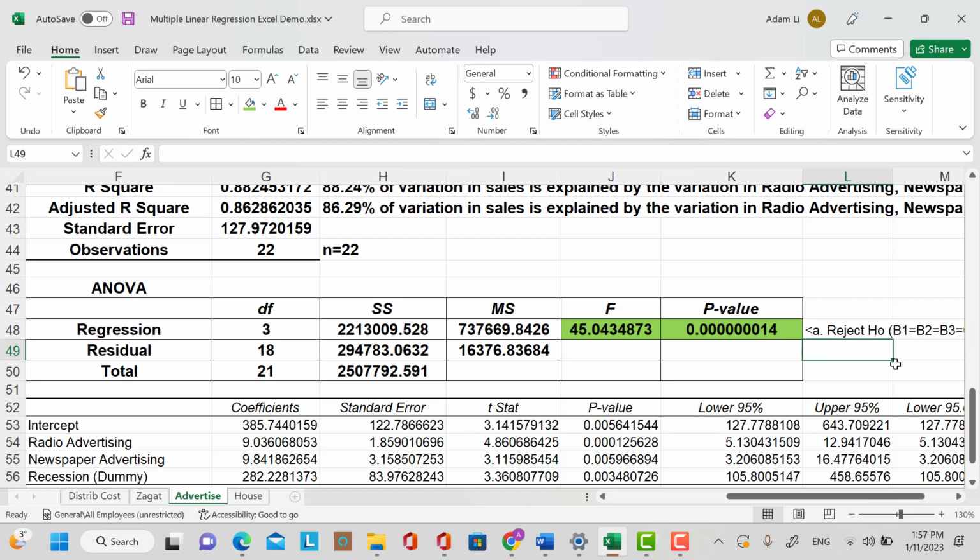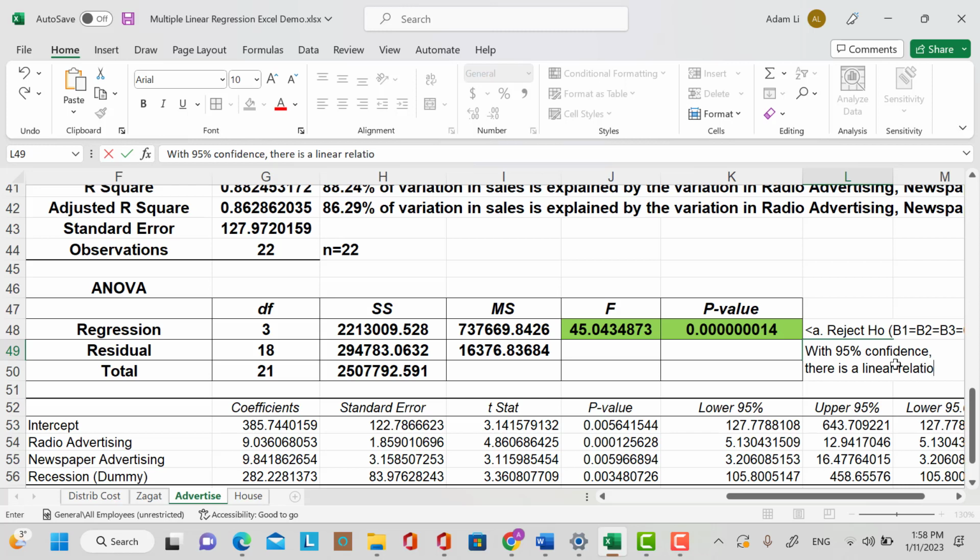So with 95% confidence, we can say that there's a linear relationship, and compared to model 1, it's a stronger linear relationship, meaning the second model is better.